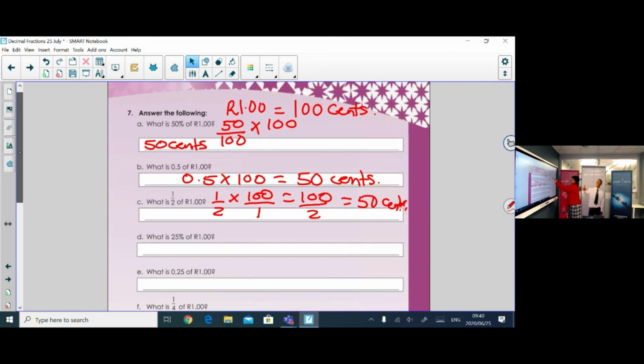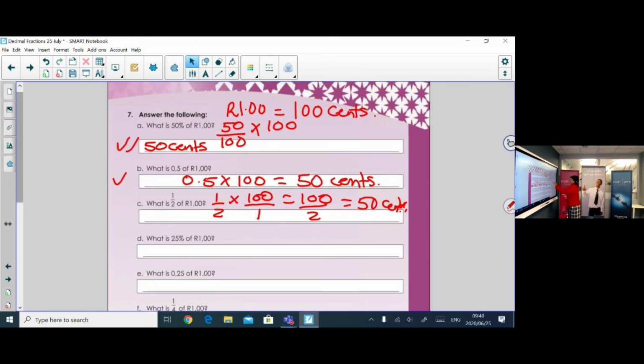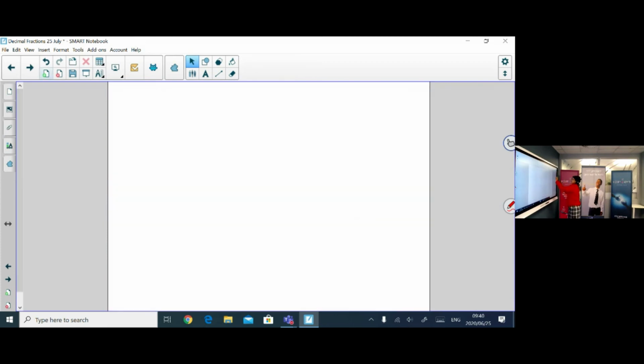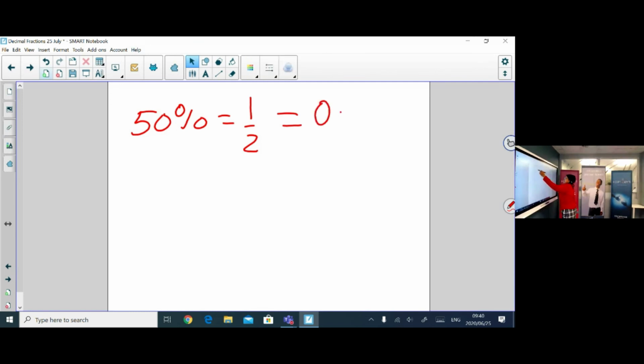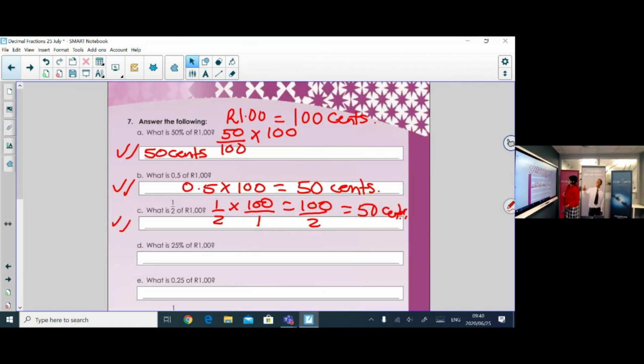We get 50 cents, we get 50 cents, we get 50 cents. Now we can say that 50% is the same as half, is the same as 0.5. Because whatever number that we used, we got 50 cents.